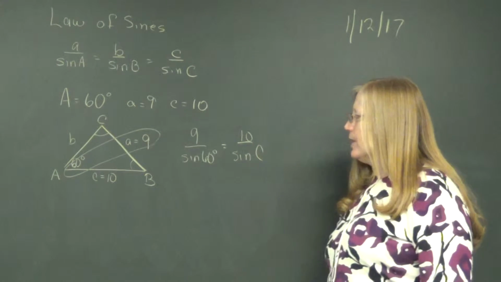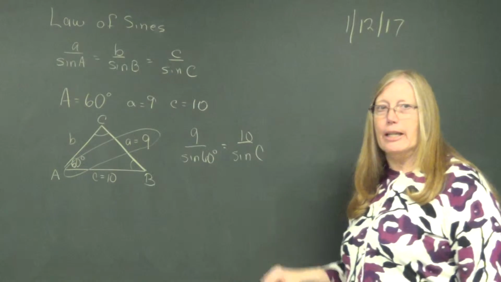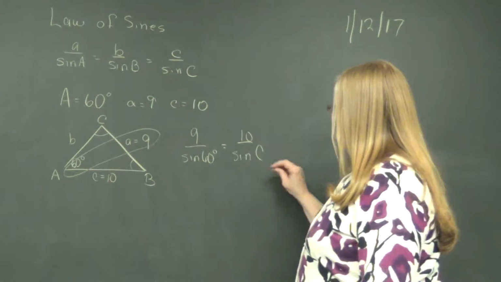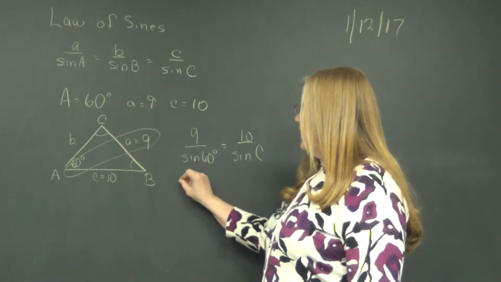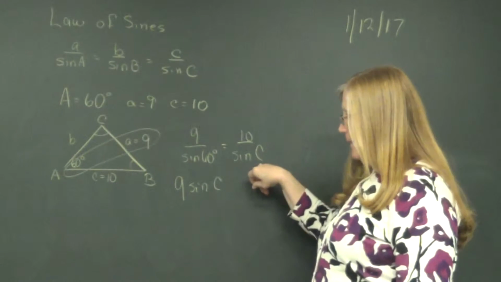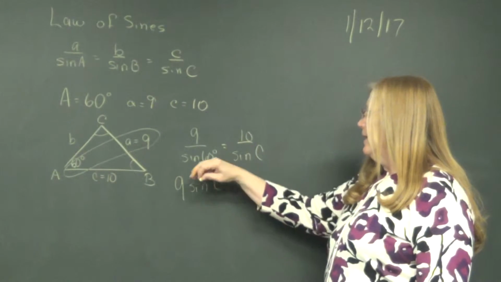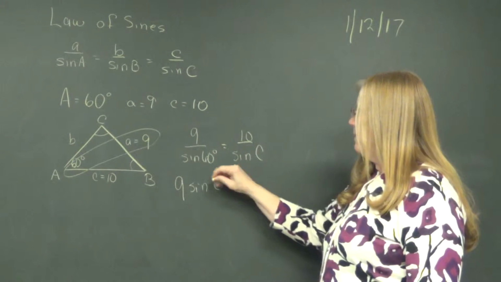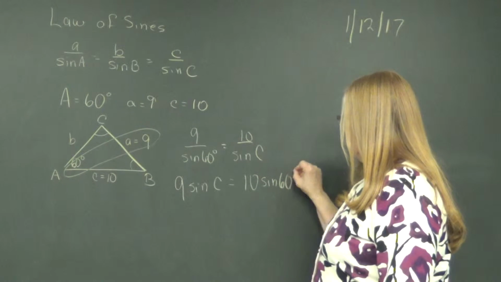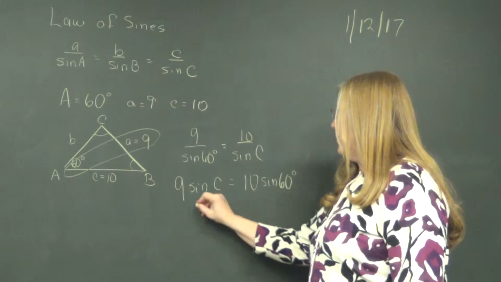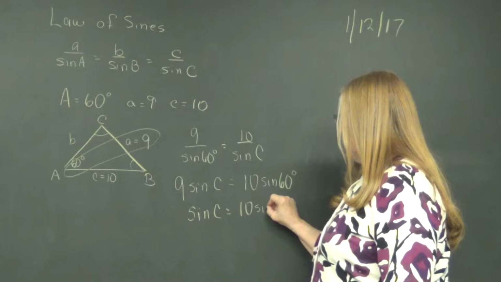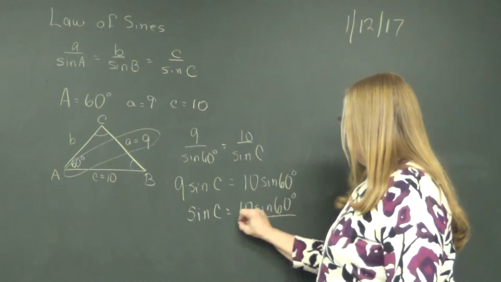So this proportion has one unknown on it. You want to get a proportion which has one unknown. We multiply both sides by sine C, so it disappears from this denominator and appears in this numerator. And we multiply at the same time both sides by sine 60. And I'm going to get sine of C equals 10 sine 60 divided by 9.